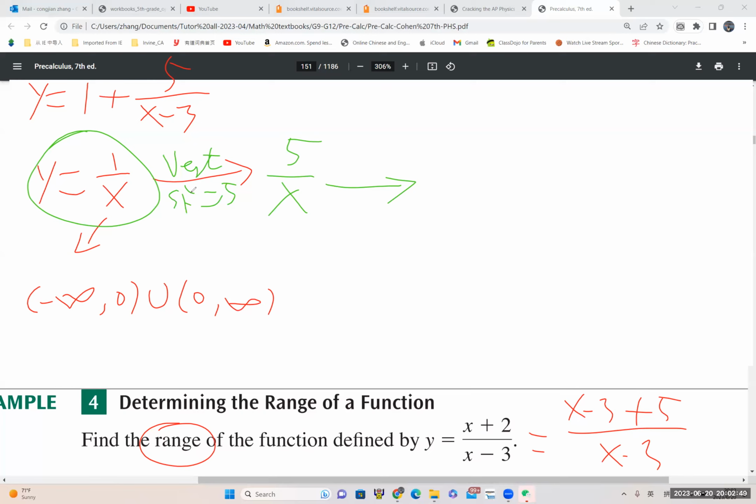We already finished the first step. Oh, horizontal, by 1. Then what do you get?